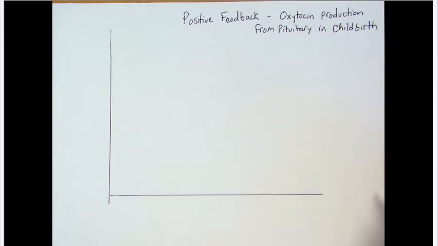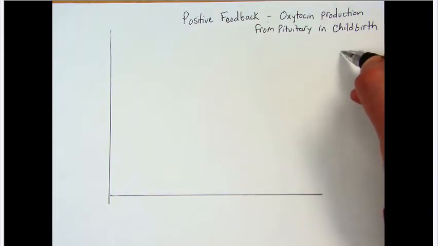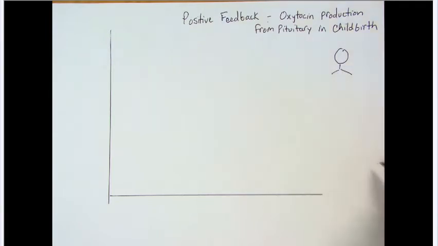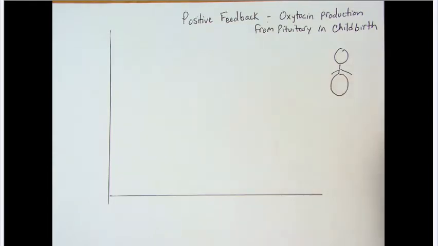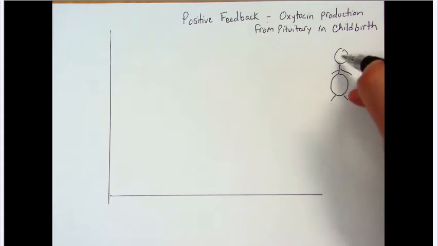All right, so let's talk about what's happening and what's controlling this system. So I'm going to make a little sketch here. Feel free to improve on my drawing because I'm not a good artist by any stretch.